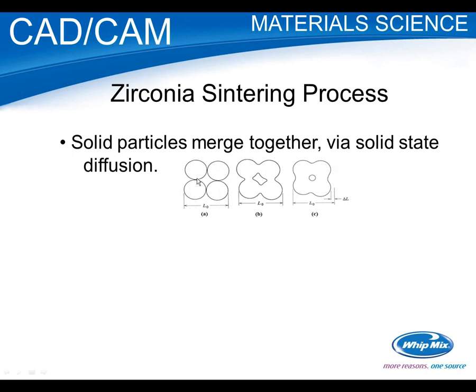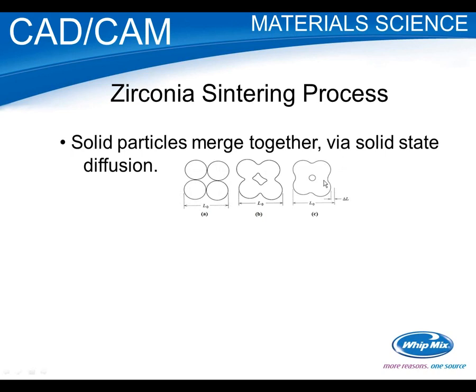So these are just powder particles of the tetragonal zirconia, extremely stabilized. Now we've packed them so they're very close together and near touching. And as I said, there's usually a binder in there that keeps them together. When we pre-sinter, they start to merge together. Again, it's not melting. It's called solid state diffusion. In a solid state, they're hot enough, and the molecules are vibrating fast enough, that they actually start merging together.